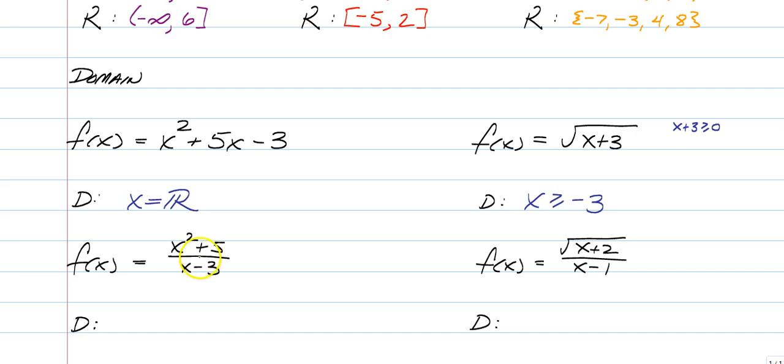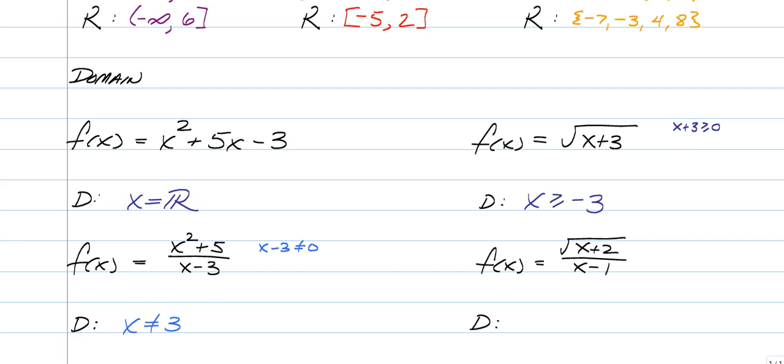So a little tip for these, when you have a denominator, you set your denominator not equal to 0. Add 3 to both sides, and x cannot equal 3 because if you plug 3 into this function, you would get 9 plus 5 is 14 over 0, which is impossible. That's why we have a domain of x cannot equal 3.